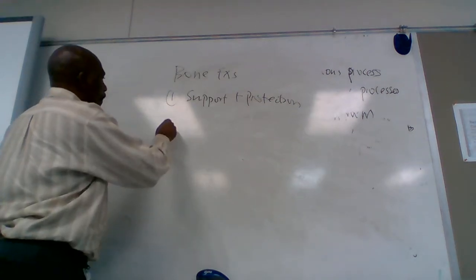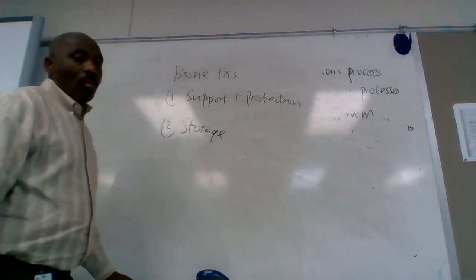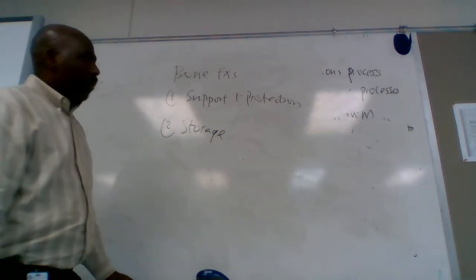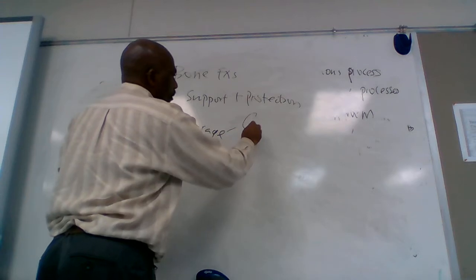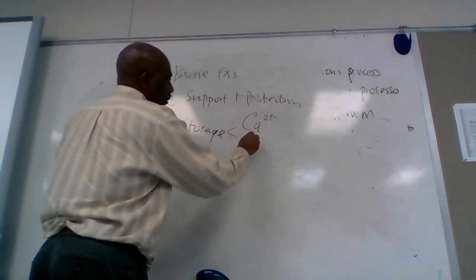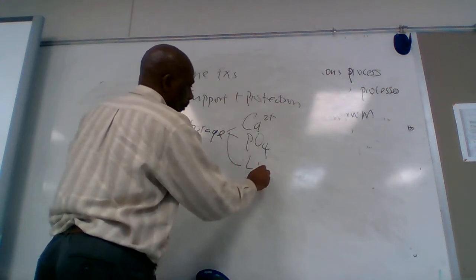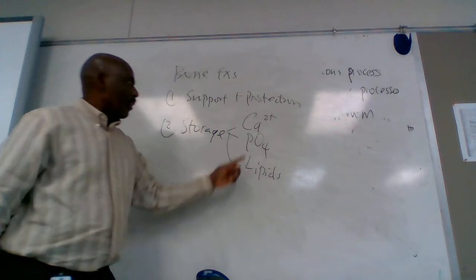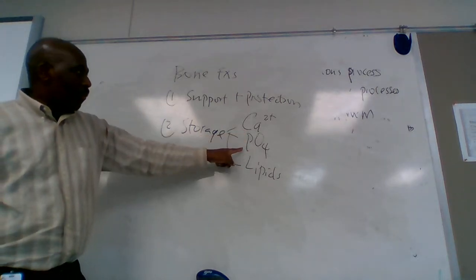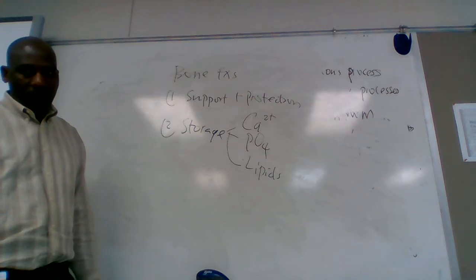Number 2, storage. So what is stored in bones? We have calcium ions, phosphates, and lipids. Calcium ions, phosphate, and lipids are stored in bones.